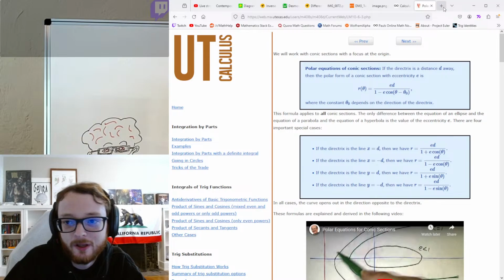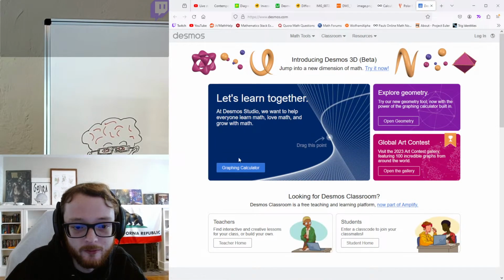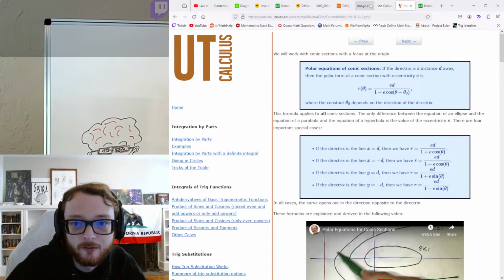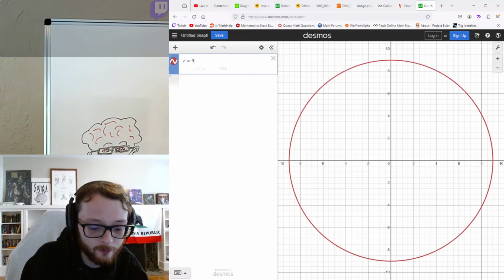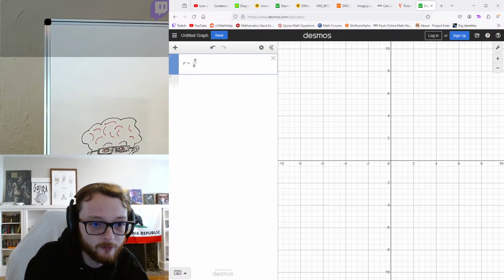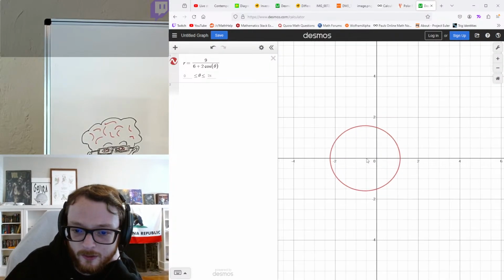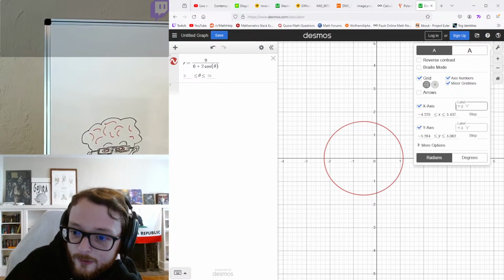Oh, is this gonna be an ellipse or something? I'm just gonna graph this. R equals 9 over 6 plus 2 cosine theta. Oh, I think that is an ellipse. It's just nearly a circle.